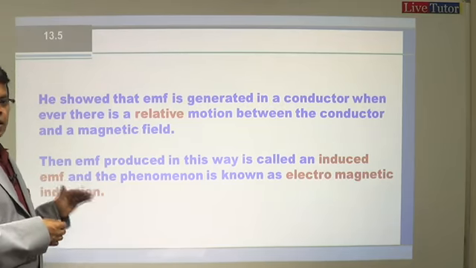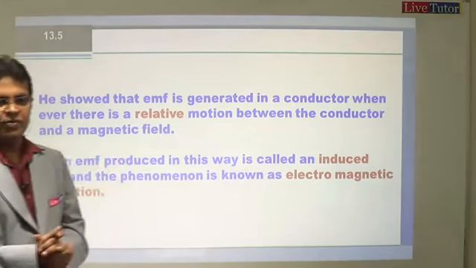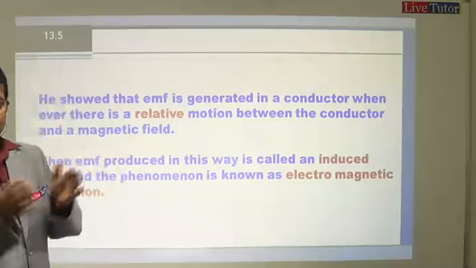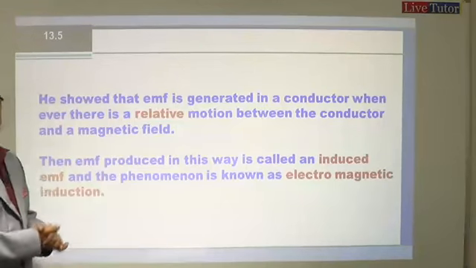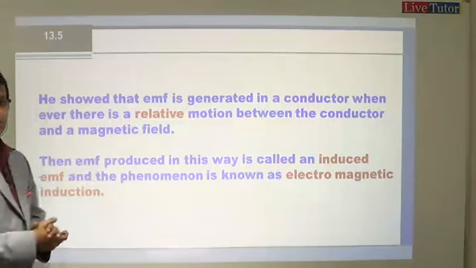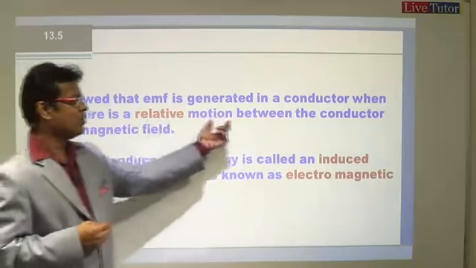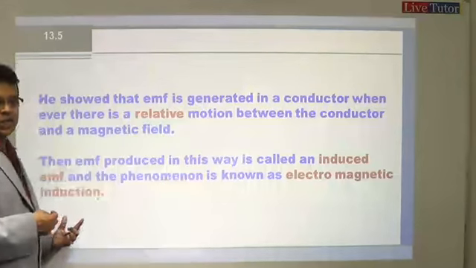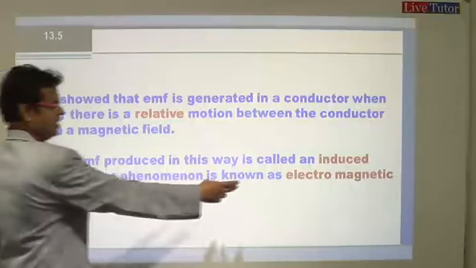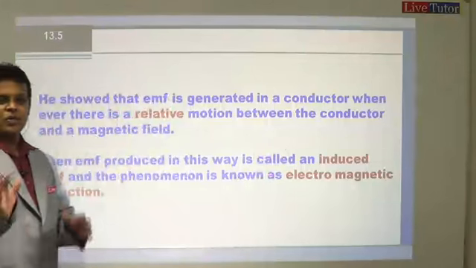Now, in this way, if the EMF is produced, it is called induced EMF because they are not in contact with each other. And this phenomenon of producing an induced EMF due to the relative motion between the conductor and the magnetic field is called electromagnetic induction. Definition: if somebody asks, what is electromagnetic induction?